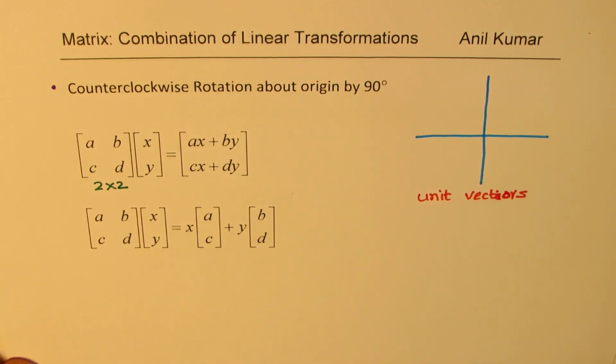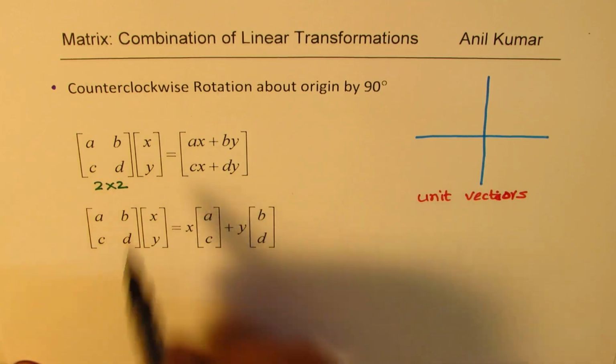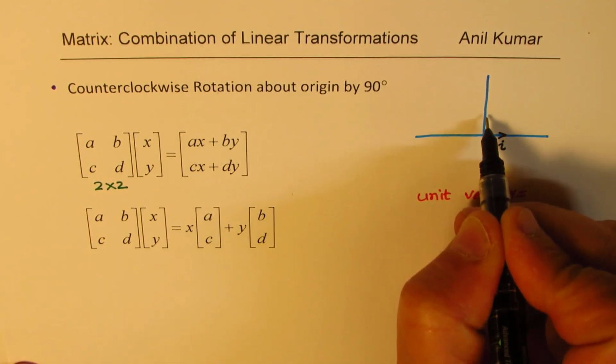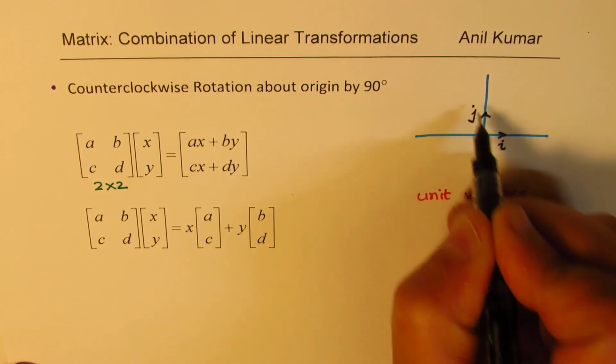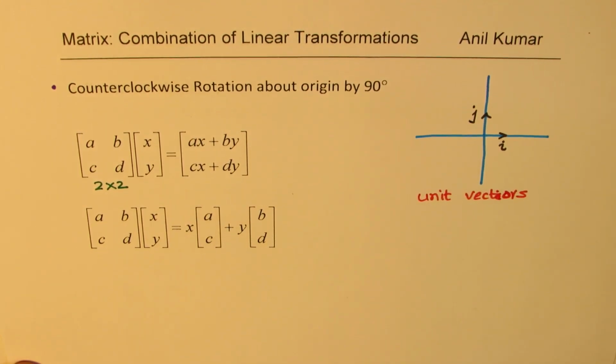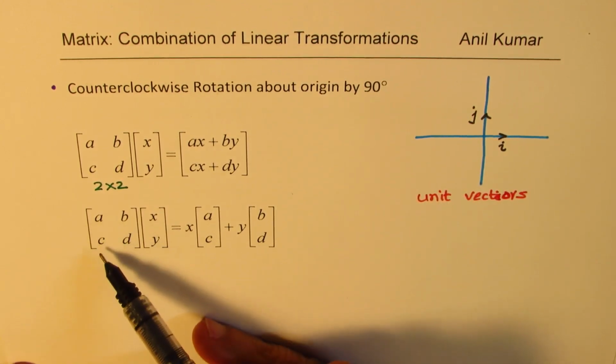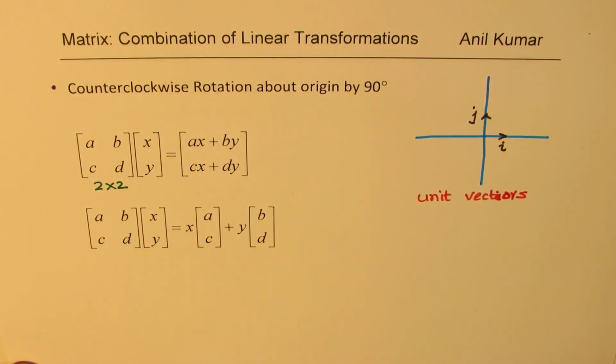We just need to look into the unit vectors i and j to get the transformations. Then it becomes very simple, since using these vectors we know what a, c and b, d could be.